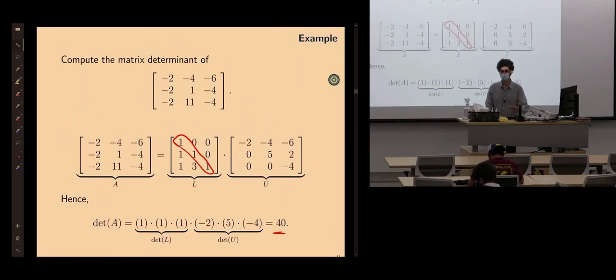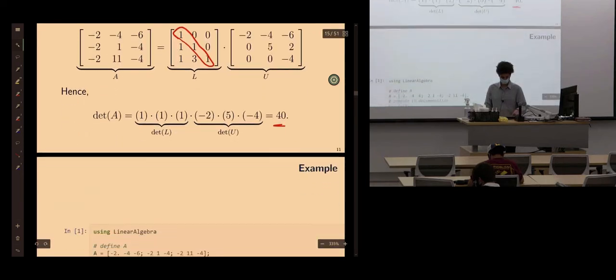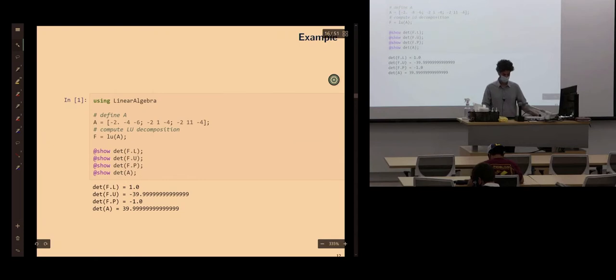So what I'm going to do now, I want to use LU with permutation in Julia, and then I should be able to get the same answer. Okay, so I want to make sense of that coding with my hand calculation. So I load the linear algebra library.